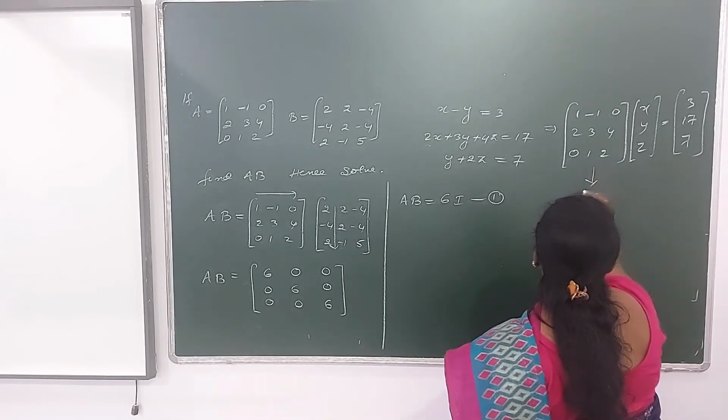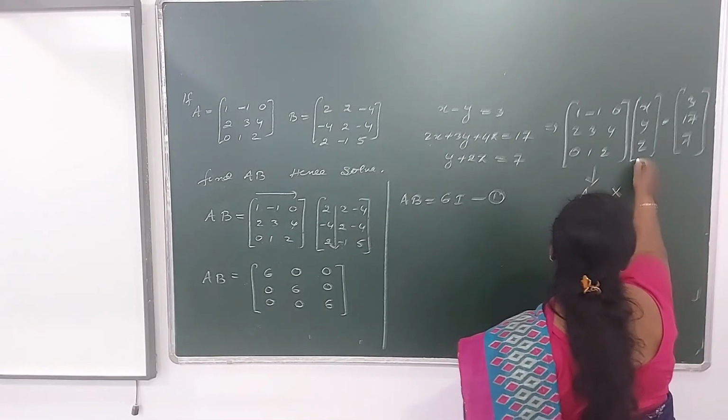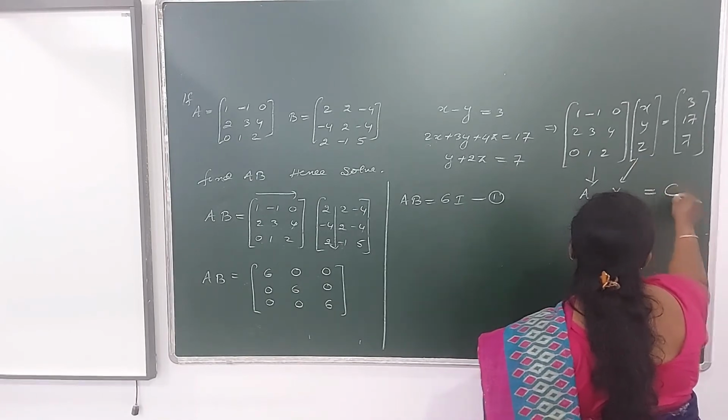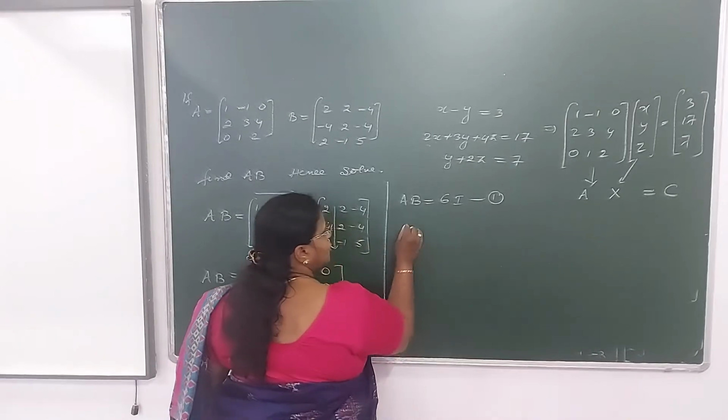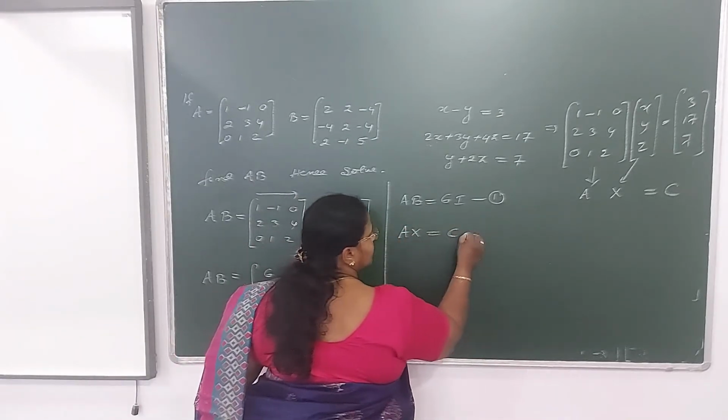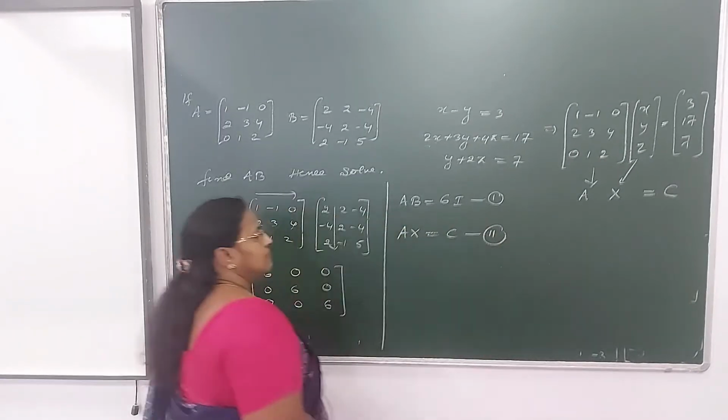So this is the A matrix, let this be X, and this is the C matrix. That means you are getting equation 2 as AX is equal to C.